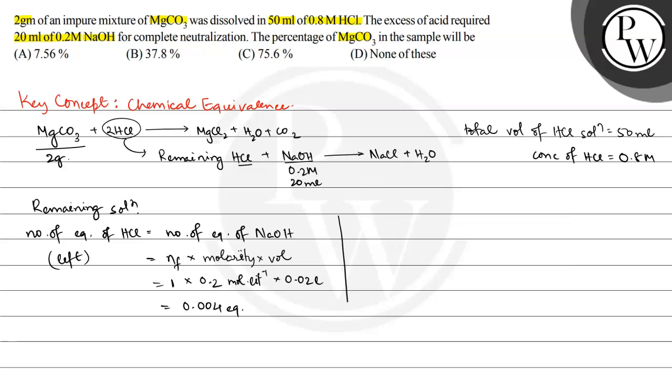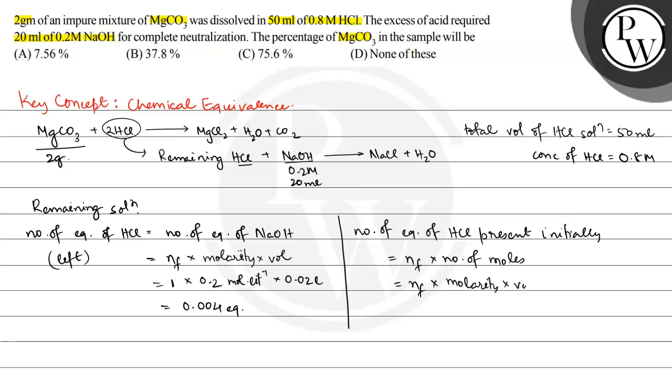Alright, now let us calculate the number of equivalents of HCl present initially. That is equal to n factor multiplied by number of moles. Alright, and again instead of number of moles we can put molarity and volume. So n factor multiplied by molarity multiplied by volume, and volume should be in liters. So the n factor for HCl is 1, because HCl is a monobasic acid.